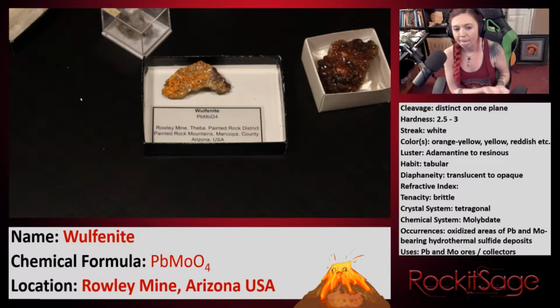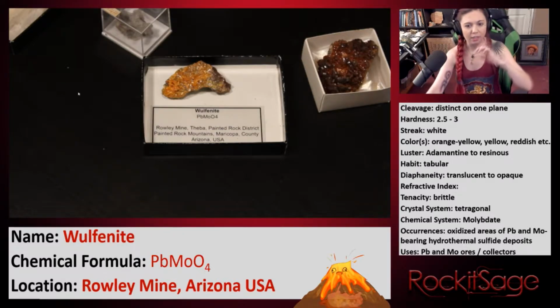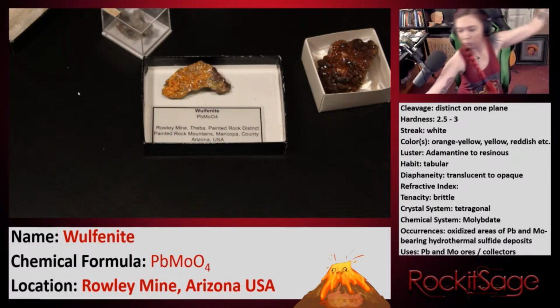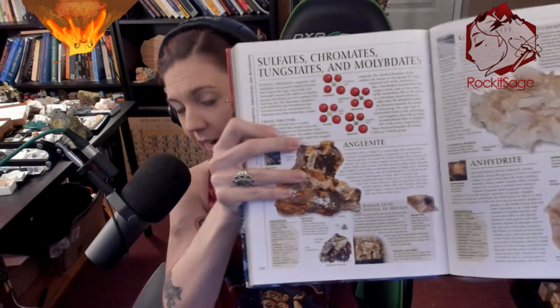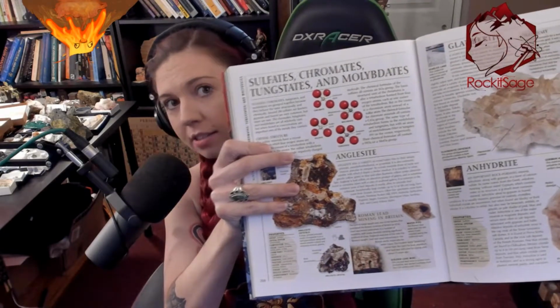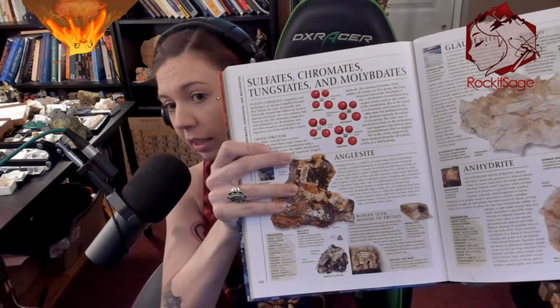So this is why I wanted to use this picture here. Really quickly, I'm going to go into the basic building block of this mineral. If we look at the overarching group of sulfates here, which is really cool, you'll see this little chemistry building block, those little tiny red dots with the smaller dot in the middle.